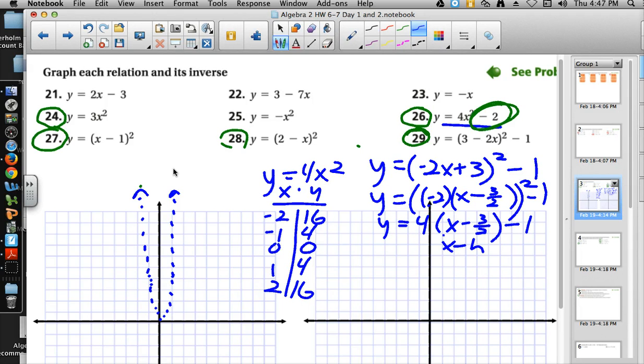Well, there's my x minus h squared plus k. So h is 3 halves. That means I need to move it to the right 1 1/2. And my k value is negative 1. That means I need to move it 1 down.